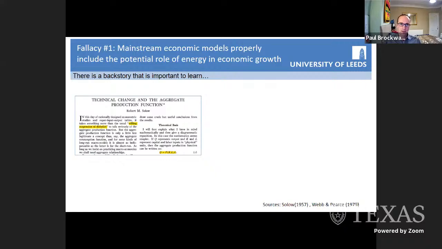Firstly, the first fallacy is that people believe that mainstream economic models properly include the potential role of energy in economic growth. And I don't think that's true.